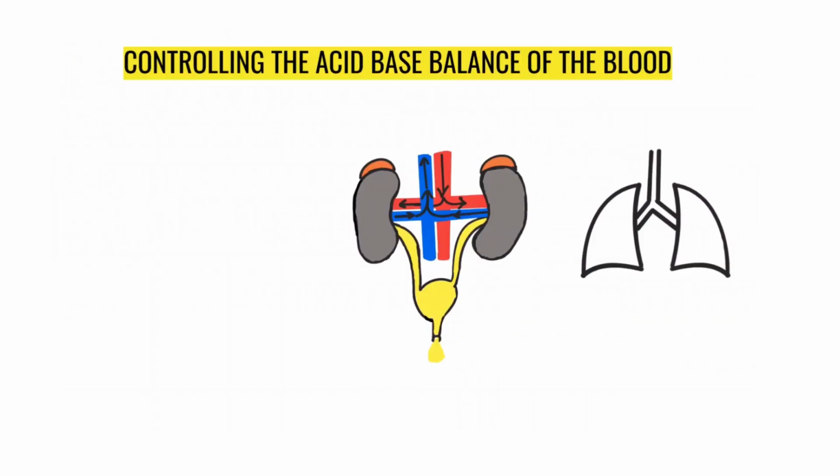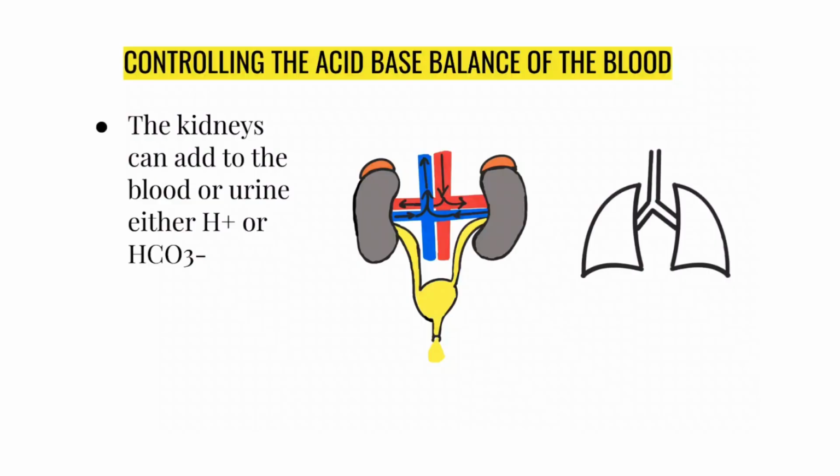Another important job for the kidney is to control the acid-base balance of the body. Okay, so this is done by the kidney's ability to get rid of either acids or bases, right?